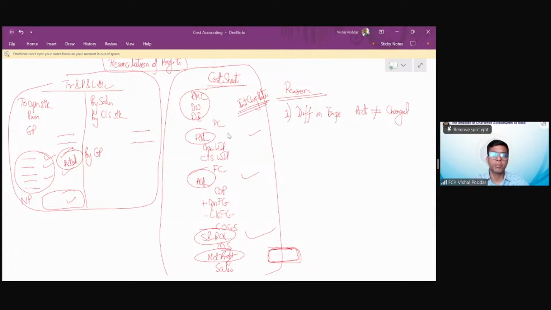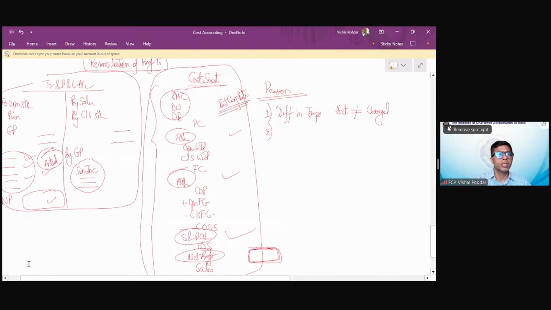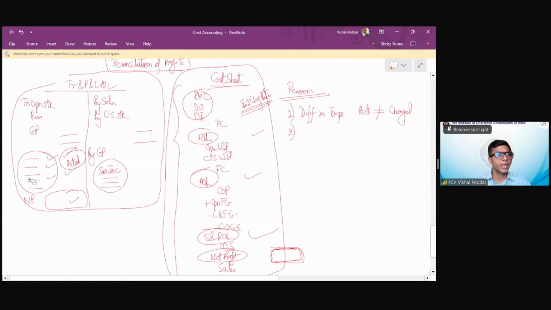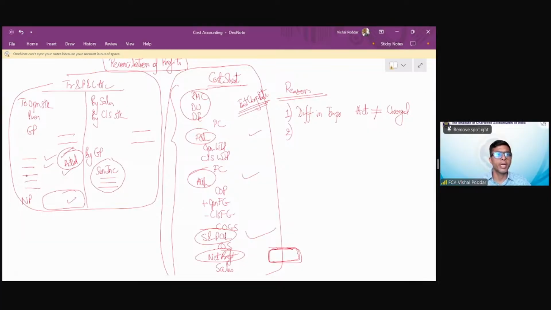The second reason is differences in items. Certain items are different, like dividend, you may have interest. These are not found anywhere in cost sheet. Similarly, you have certain expenses in P&L, like all abnormal losses, like loss by fire and all. You have your financial expenses, like interest on loan and all.